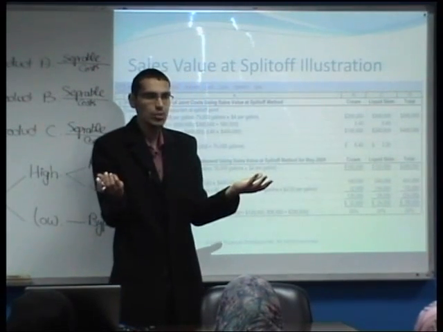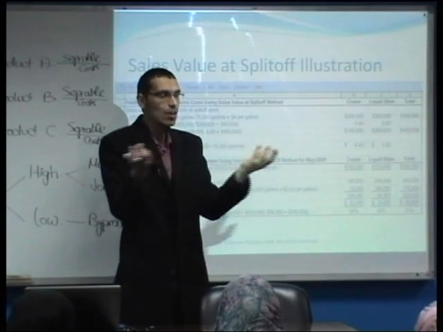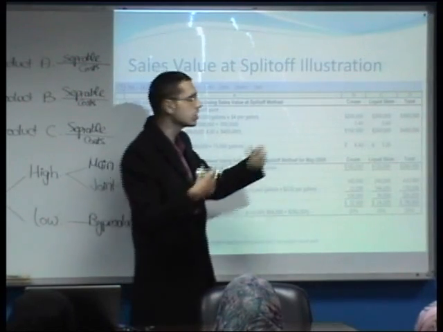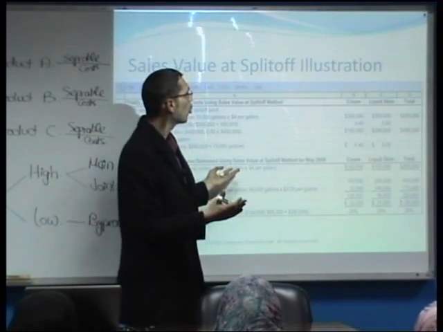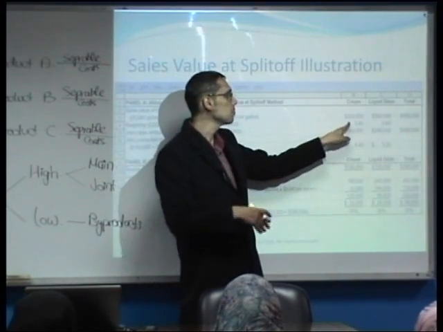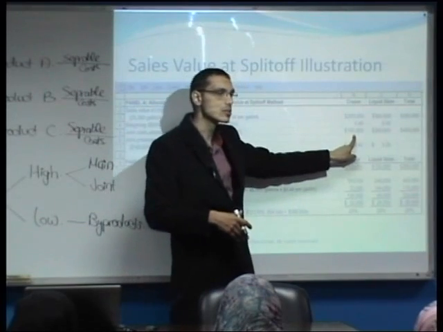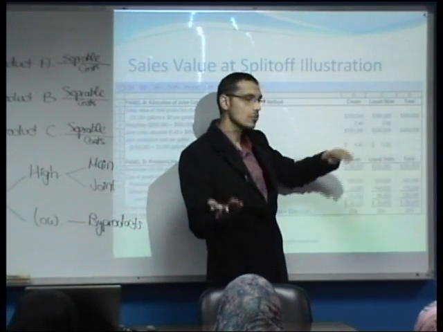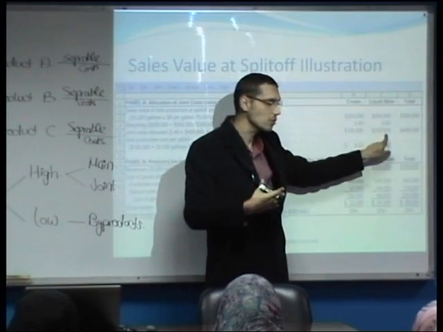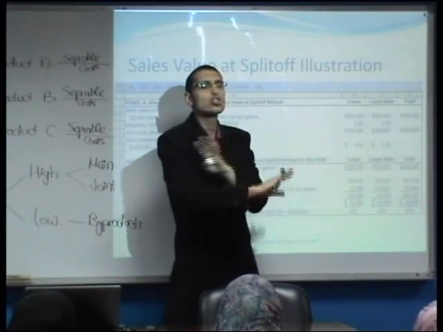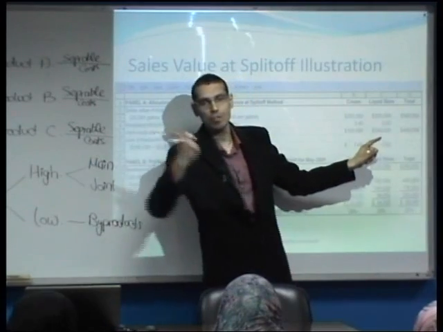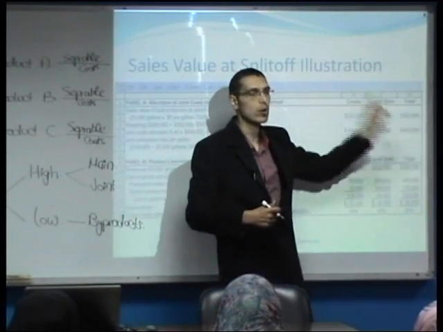We allocated the joint cost according to the sales value at the split-off immediately. Therefore, 400,000 multiplied by 40% is 160,000, and 400,000 multiplied by 60% is 240,000. Of course, adding up these two numbers should always equal the amount of the joint cost, which is the 400,000.